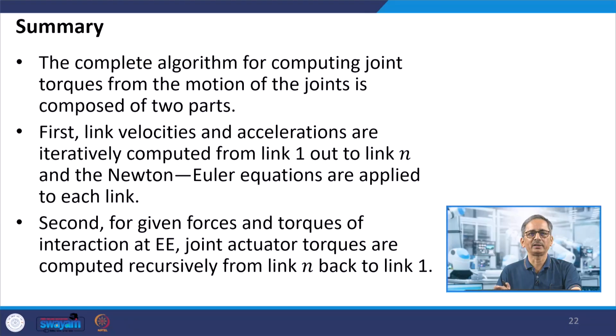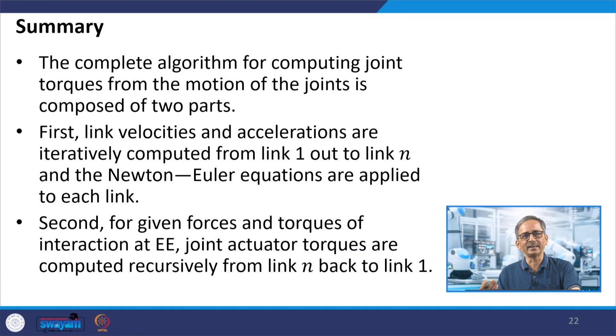So, to summarize, the complete algorithm for computing joint torque from the motion of the joints is composed of two parts. Okay. In the first part, we calculate the link velocities and accelerations iteratively, beginning from link 1 and going till the last link, okay, and the Newton-Euler equations are applied for each link to find out the inertial forces and moments, okay.